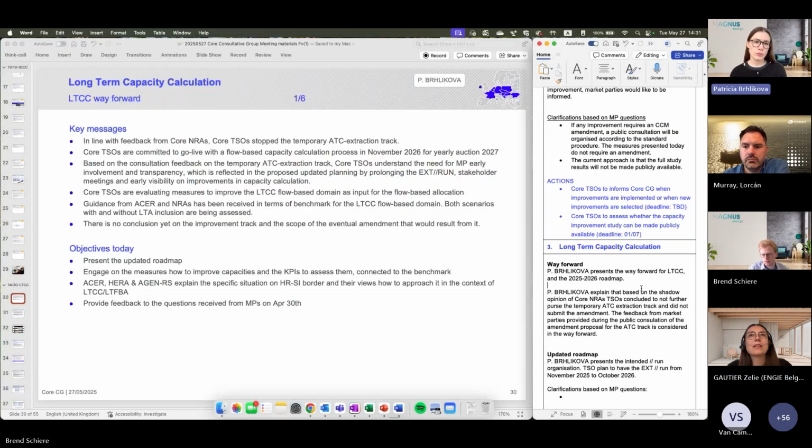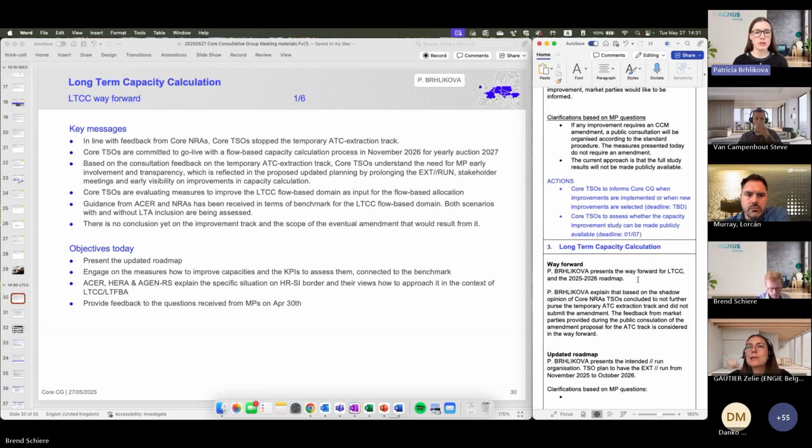So to begin with, I think this is a nice continuation of the discussion we actually had in Q1 2025. So I think it is a known fact by now that based on the feedback from core NRAs, but also market participants, core TSOs are now focusing fully on the flow-based capacity calculation implementation with the expected go-live in November 2026 for the yearly auction 2027.